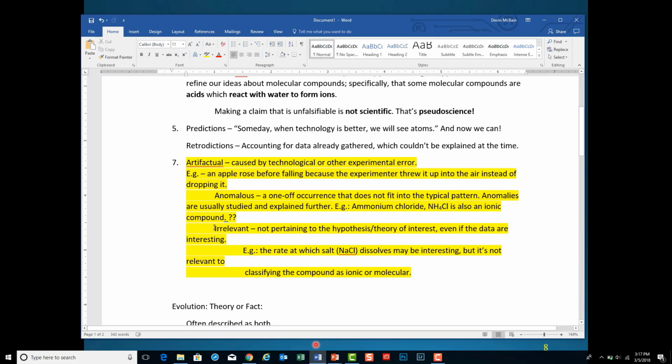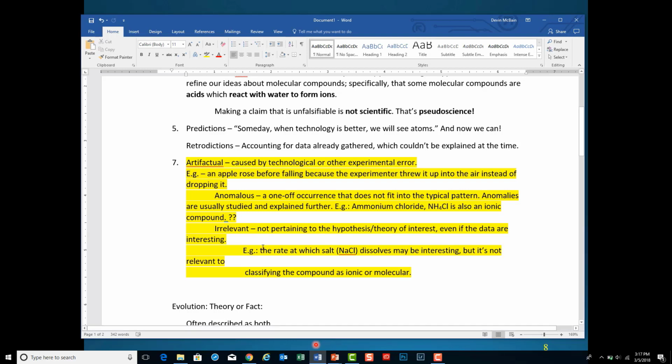And then we also have some irrelevant data, which you've probably heard of the term irrelevant before, but in the case of science, it's some sort of observation that does not pertain to the hypothesis or theory of interest, even if it is interesting to the scientist.